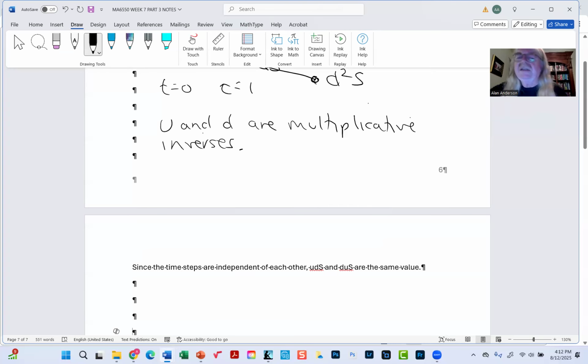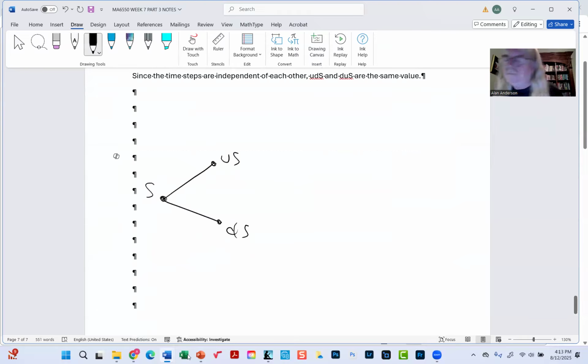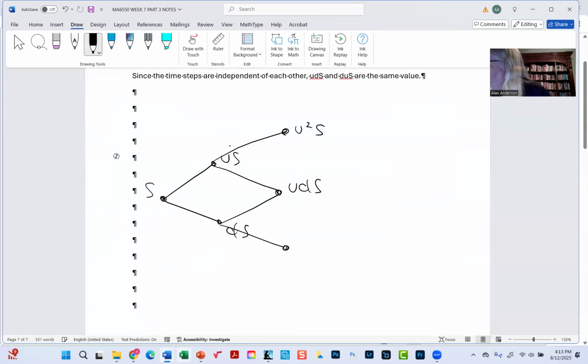In other words, up and then down is the same thing as down and then up.